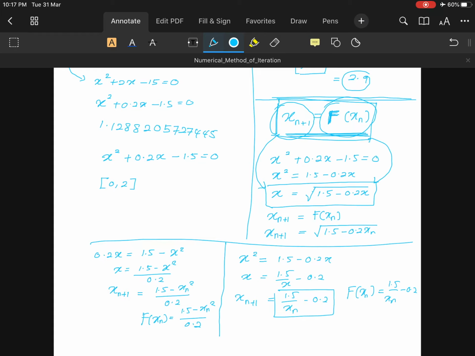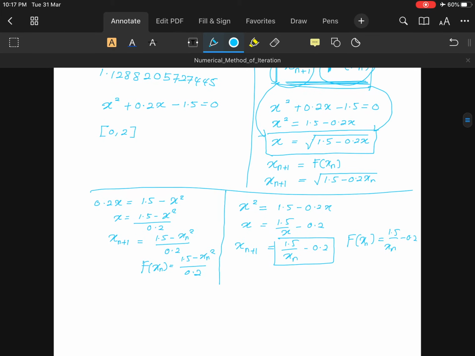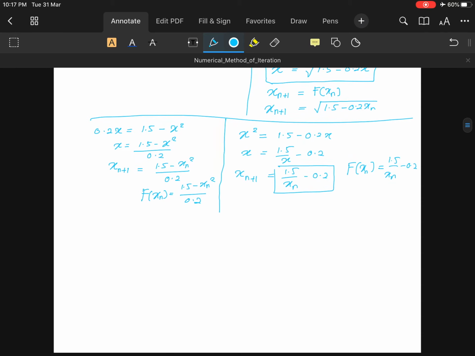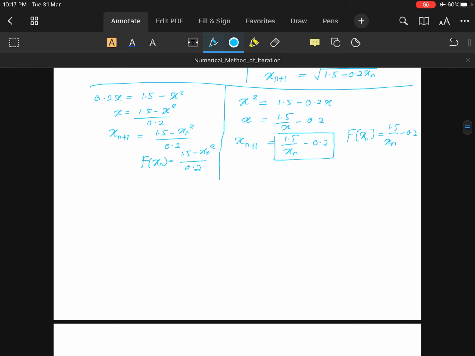All right, so far we have established three relations, but for the time being, I have to say that not all of these three relations might converge to the root that we try to find, because of certain things that we will be looking at later.